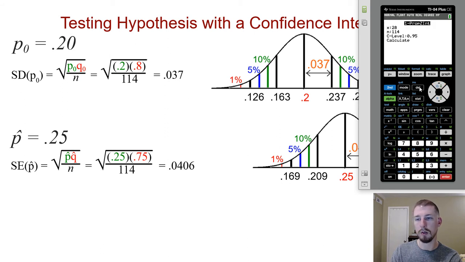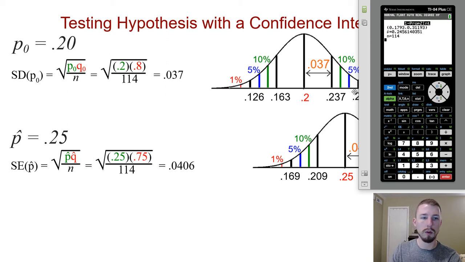We had 28 out of 114, and because I'm doing a two-sided test, I want a 90% confidence interval. That gives 5% on both sides, which altogether is a 10% alpha level. All right, so then hit calculate.